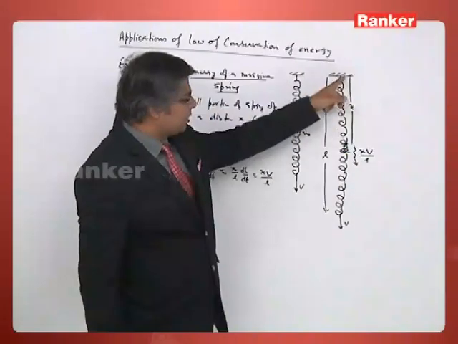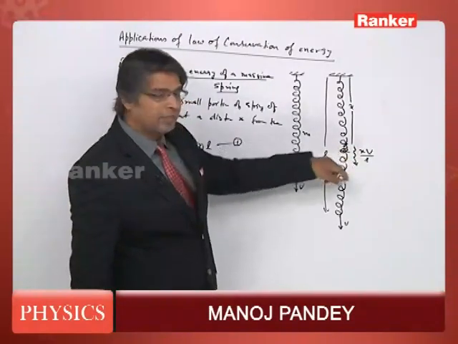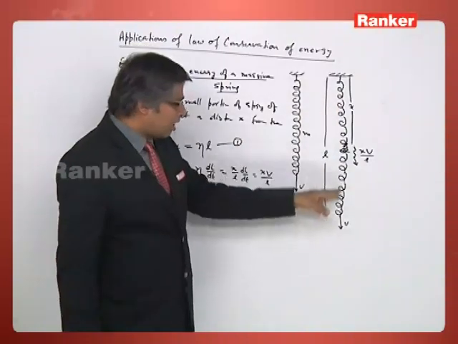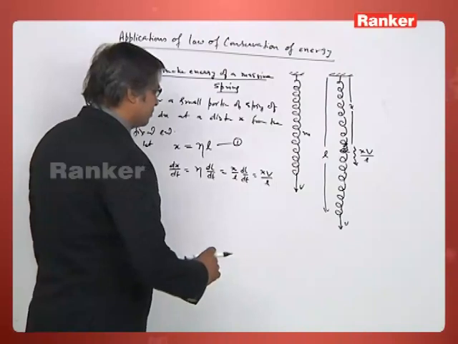When x is equal to 0, the velocity is 0. When x is L by 2, the velocity is v cm, that is half of v. That means all the particles have different velocities.